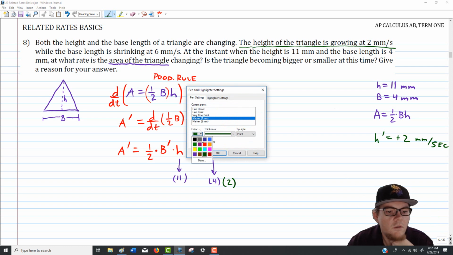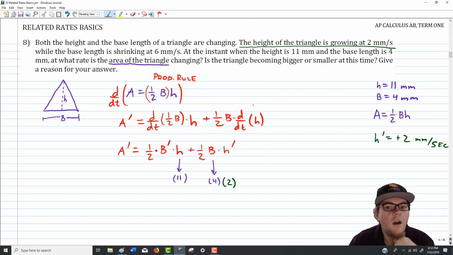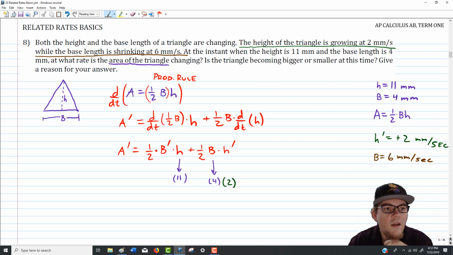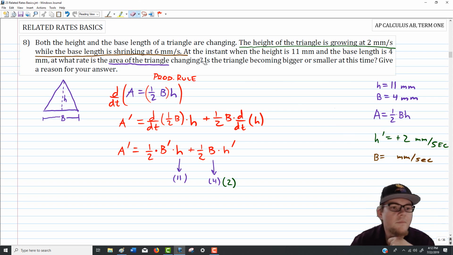And third, or fourth, depending on how you look at things, our other piece of information says that the base length is shrinking at 6 millimeters per second. So we called our base b. You might be tempted to just write 6 millimeters per second, but technically that's incorrect for our rate. Can you see why?